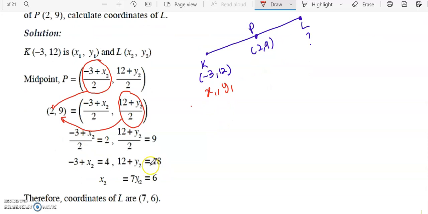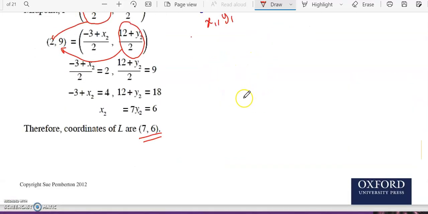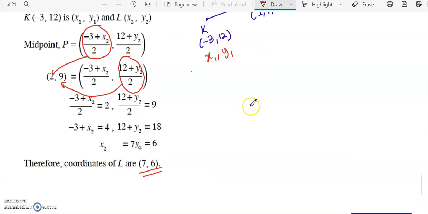The method is the same as before. You rearrange, making x2 the subject, and you get 7. Then you rearrange the other equation and get y2 equal to 6. Put it back into the coordinate brackets, so the coordinates of L are (7, 6). That is all about midpoint and distance of coordinates.